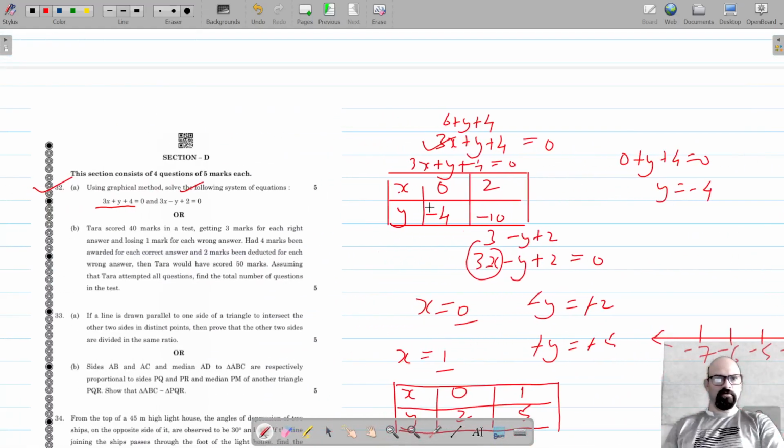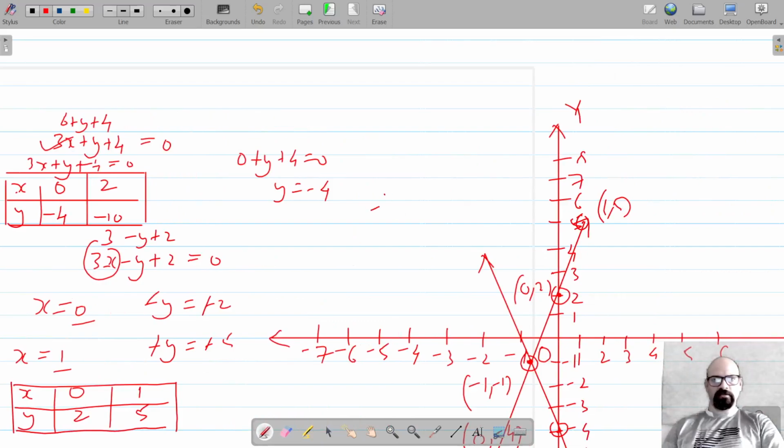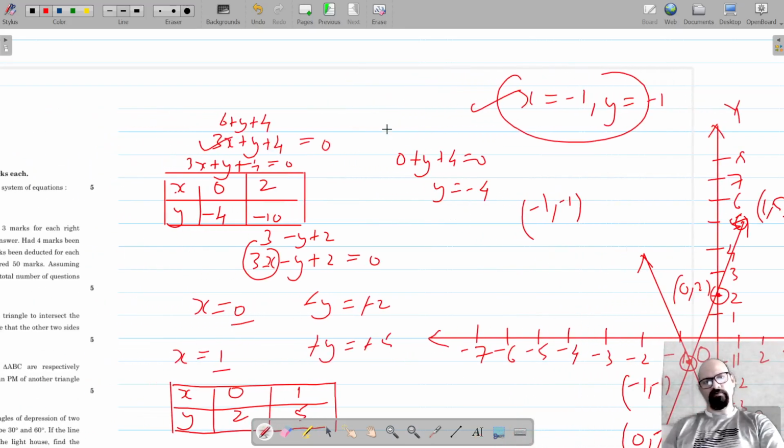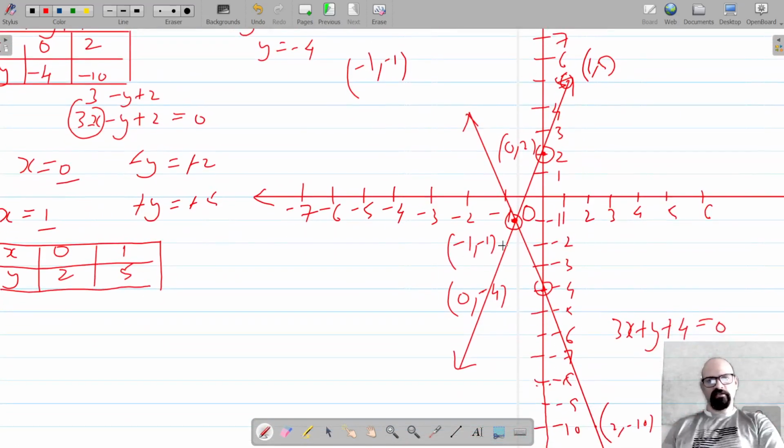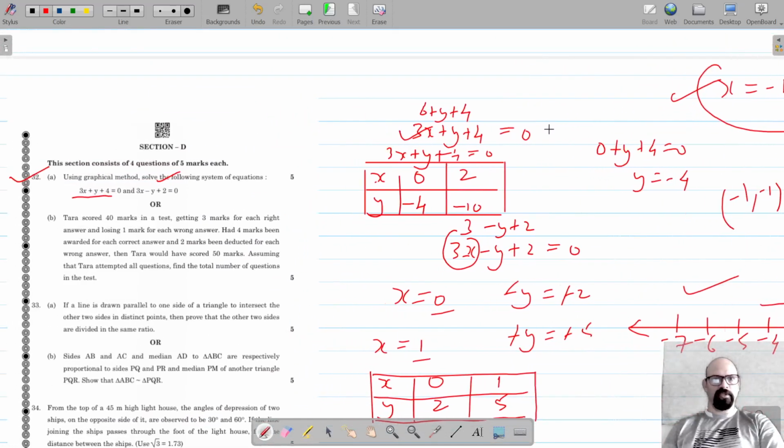The solution of this system of linear equations is minus 1 comma minus 1, where x is equal to negative 1 and y is equal to negative 1. This is the solution using the graphical method, and these lines will precisely intersect at the minus 1 comma minus 1 coordinate if the divisions are equal. I have just drawn a rough sketch, so the solution should be minus 1 comma minus 1.